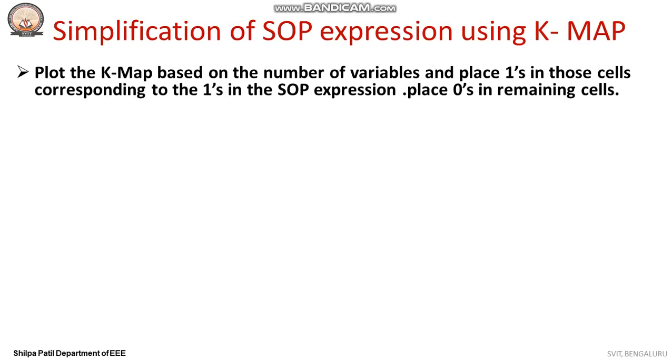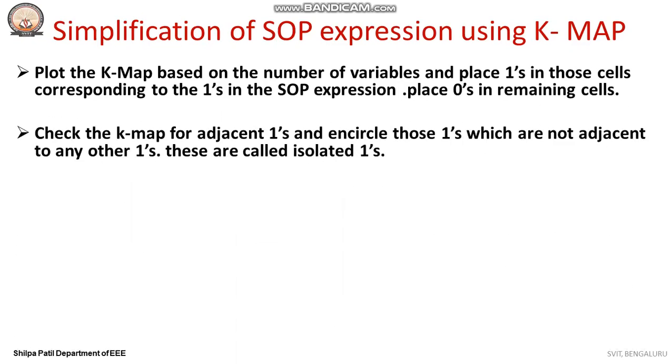Once you place the ones and zeros in the K-map, we will start grouping the cells. We will always group adjacent cells which have ones because they differ by a single literal. First we will check for the ones which are not adjacent to any other ones.